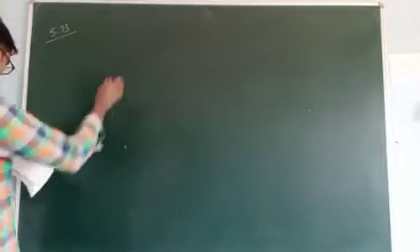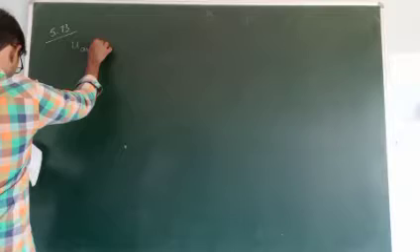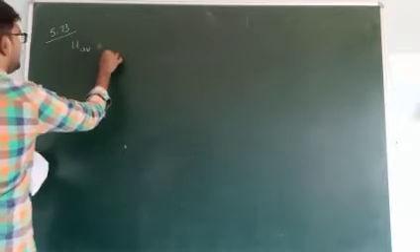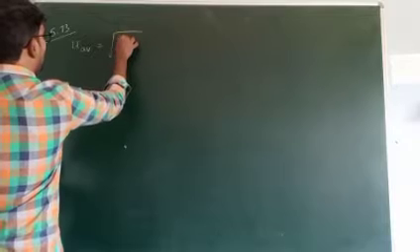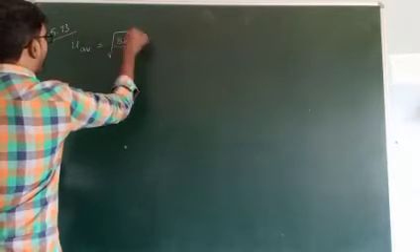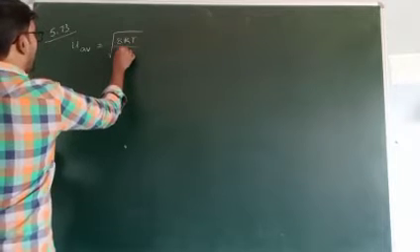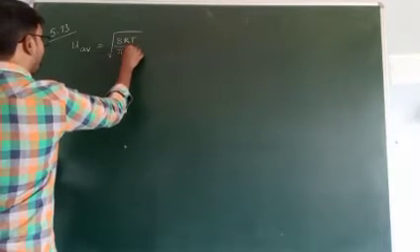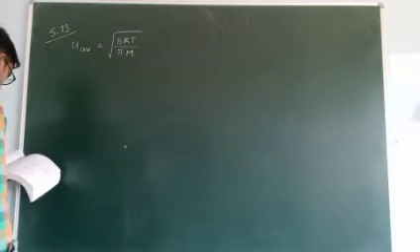Okay sir, first one, average velocity. U average of CO2. What is the formula for average? 8RT by pi m. Second one, most probable velocity.